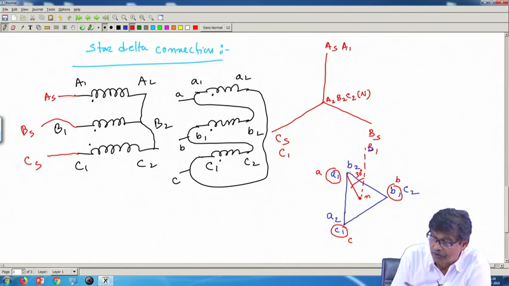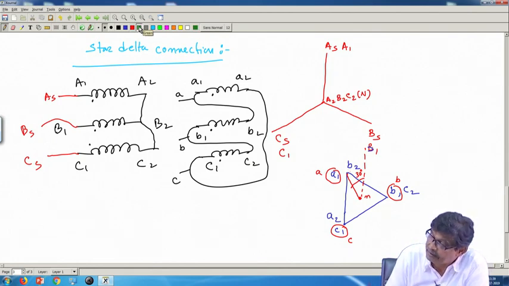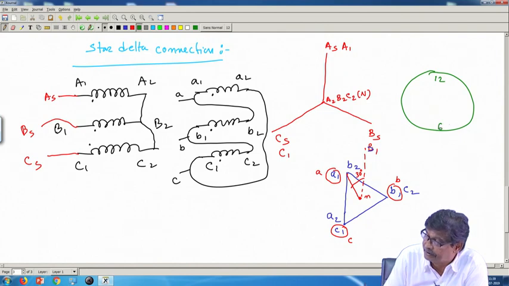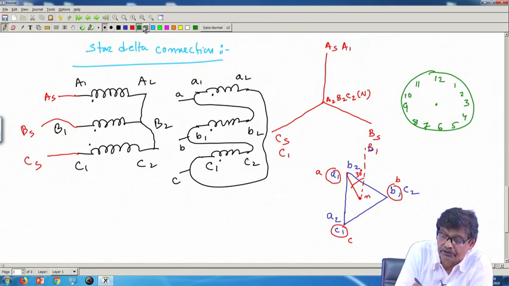So, in terms of clock it will become this: 12, 6, 3, 9, 10, 11, etc. 1, 2, 4, 5, 7, 8. Okay. So, primary voltage with the minute hand I will always show.